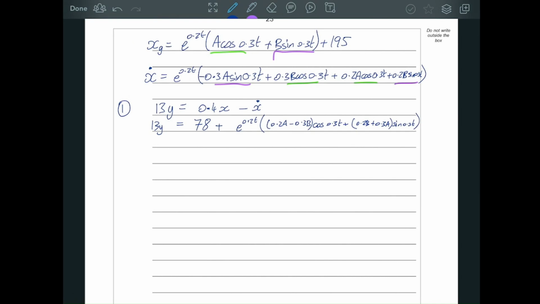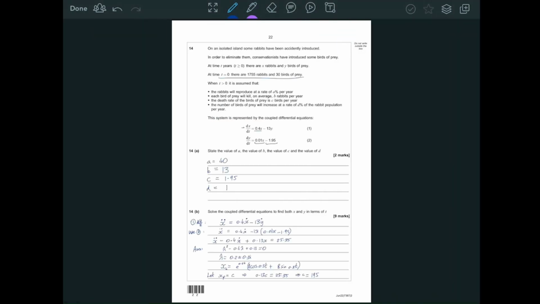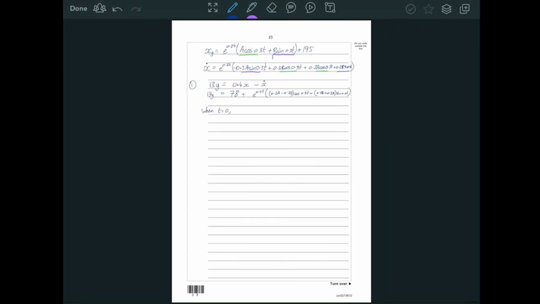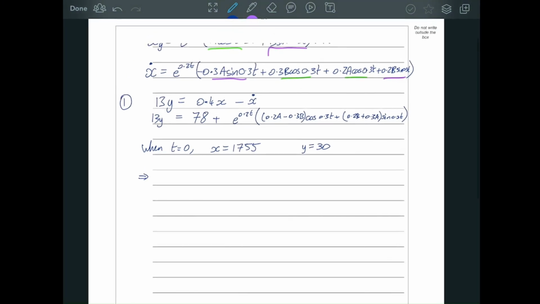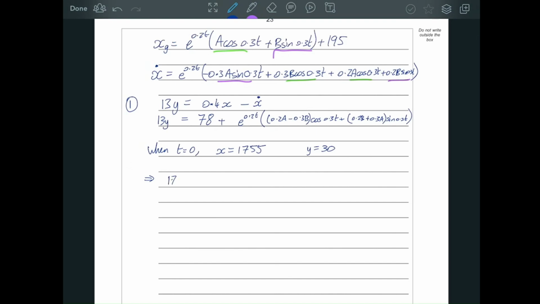So now let's use our initial conditions. When t equals 0, x is 1755 and y equals 30, which is going to create us a couple of equations. The 1755 when t equals 0 is going to leave behind an a, the b disappears, plus 195. So a is 1560.